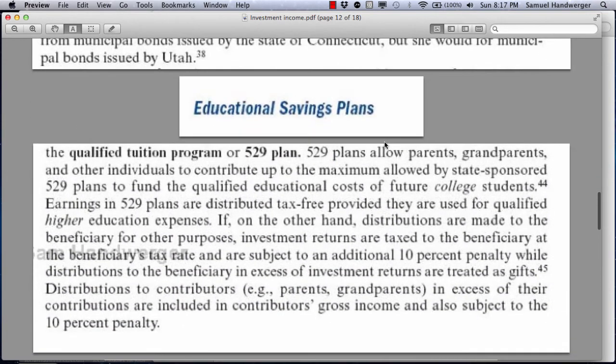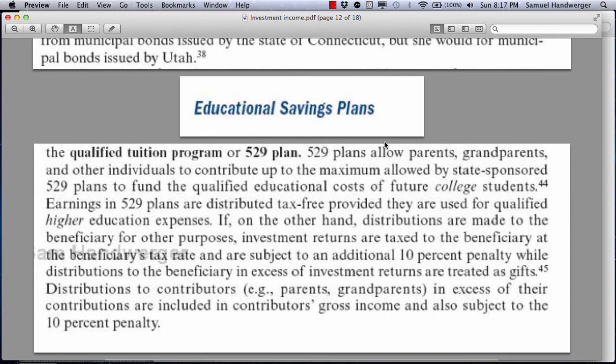All right, educational savings plans. I'm going to mention this, and the reason I mention it is you should not leave a tax course like this without knowing what a Section 529 plan is, at least in the very basic sense. The very basic sense of a Section 529 plan is it's similar to the EE bonds or the Series I bonds, where you put money into an account for the benefit of a child with the intention that the money will be used for their college education.